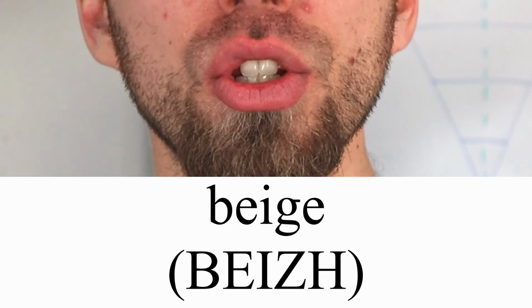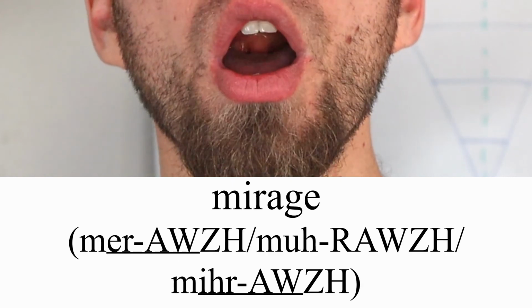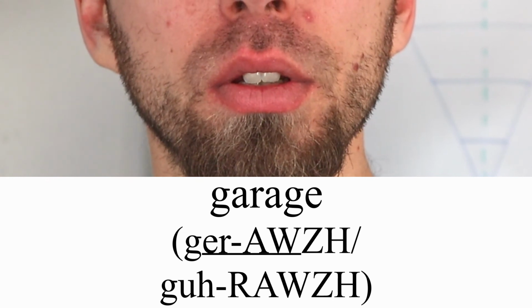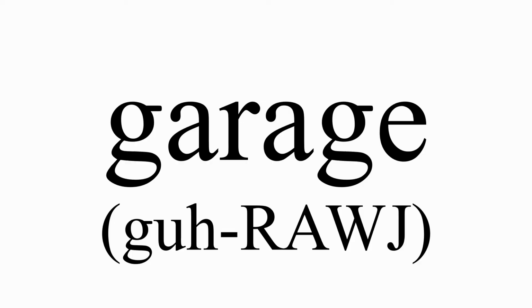And at the end of a word: beige, mirage, garage. Note that garage can also be pronounced garage with a j sound. If you're familiar with the pronunciation garage, that is a British pronunciation, not an American pronunciation.